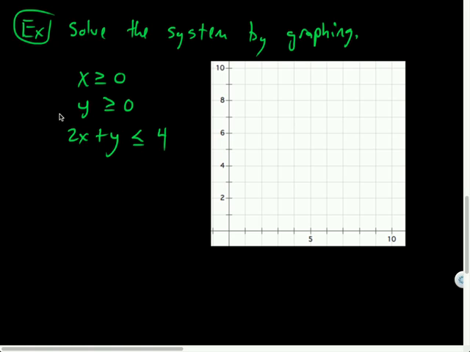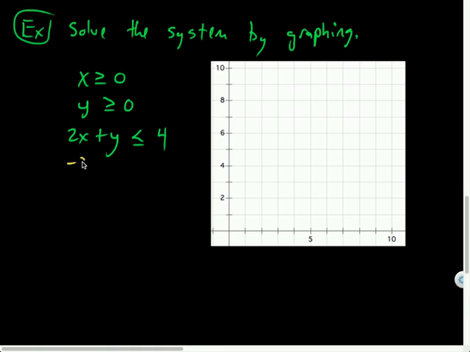I know how to graph the first one. I know how to graph the second one. The third one I can't graph in its current form because it's not in y equals mx plus b form, slope-intercept, unless I want to use the intercepts method. What method are you guys most comfortable with? Slope-intercept form? Yeah, we'll just keep rolling with slope-intercept form then. So that'll be the first thing I'll do.